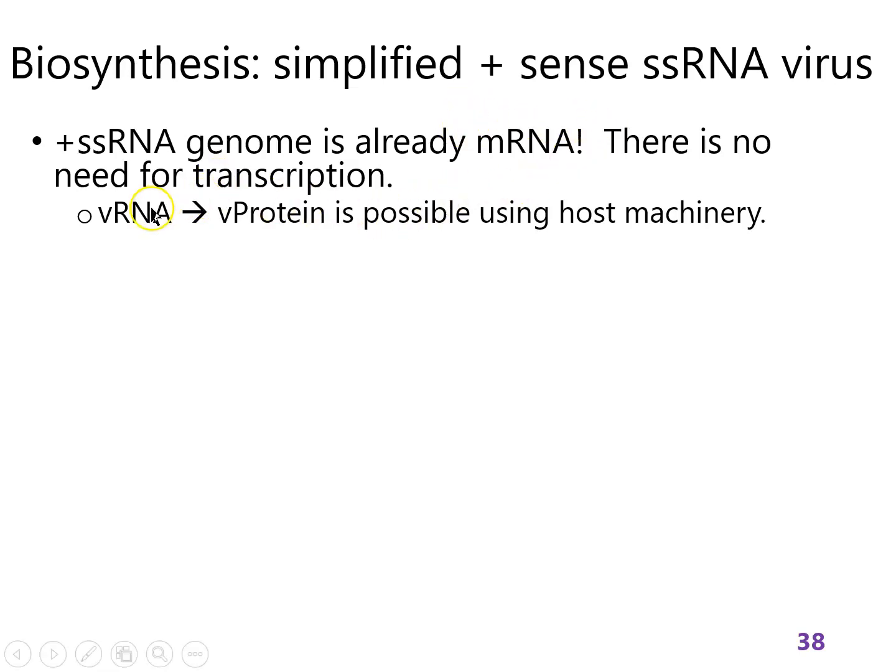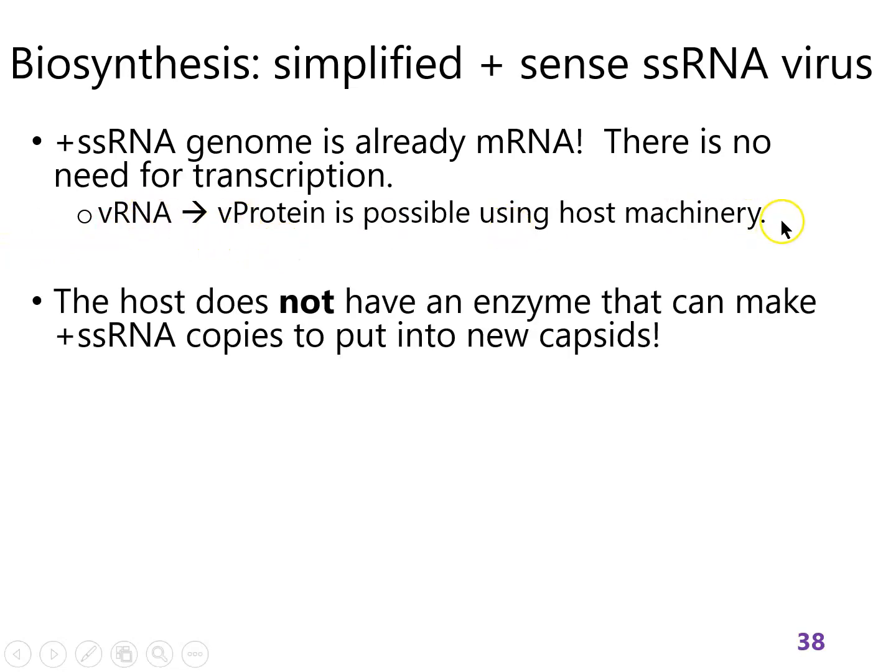As long as it has the signals on it for initiating translation, and as long as it's got a 5' cap and things like that, it'll be translated using the host machinery. The problem that this runs into is that the host does not have an enzyme that can make copies of this.